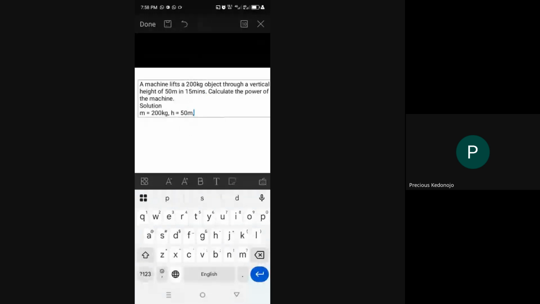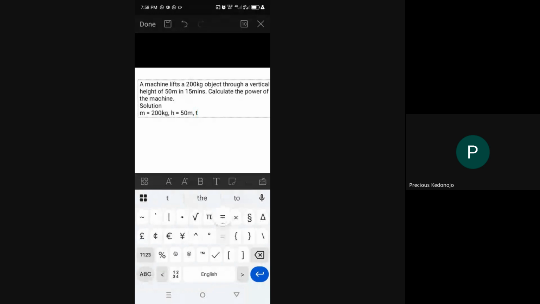Then time t, 15 minutes. But when you are dealing with stuff like this, you have to convert your time to seconds. How do you convert from minute to second? You multiply by 60. Am I right?